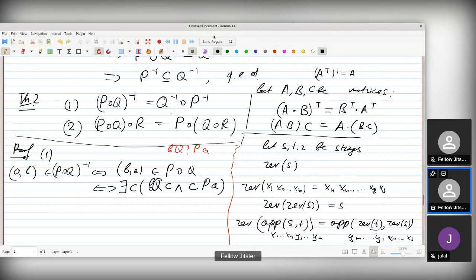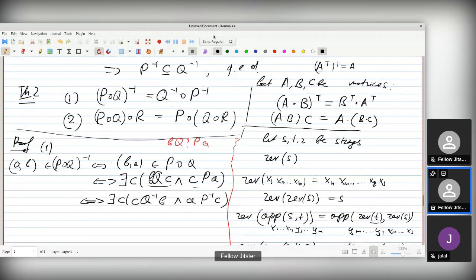Interesting. What is my next step? My next step is to reorder these things. So there exists C such that C Q converse B, and A P converse C. Is it clear?